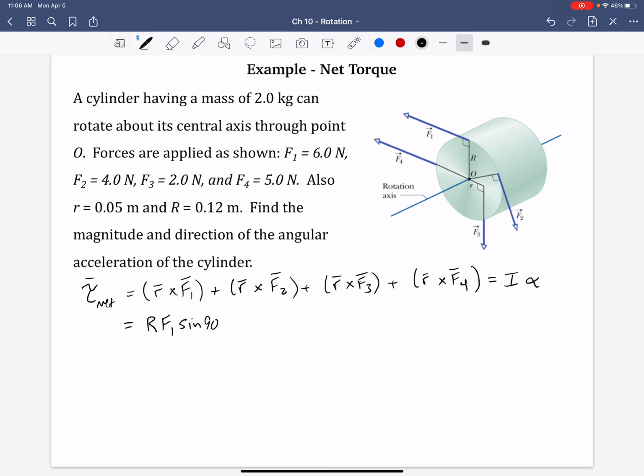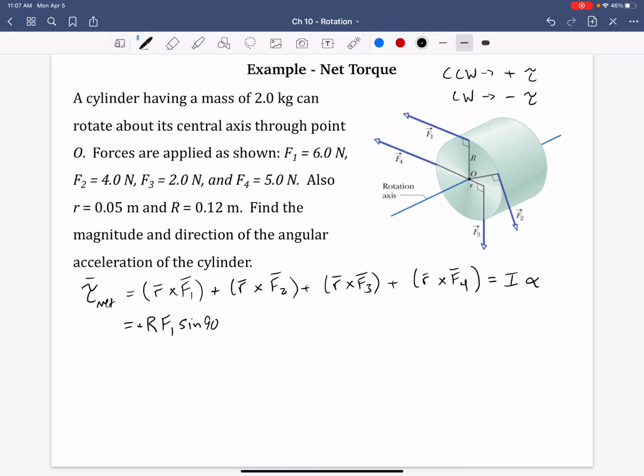Is that a positive or negative torque? We need to specify that now. F1, if it were the only force, would rotate the cylinder counterclockwise. By convention, counterclockwise results in positive torque, clockwise results in negative torque. So this is positive.